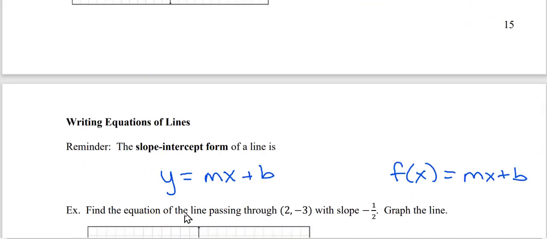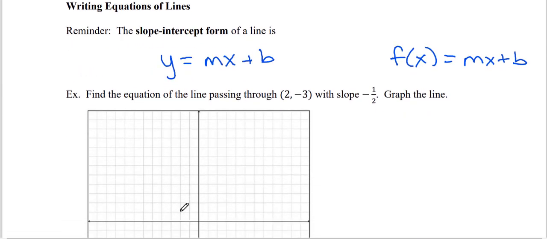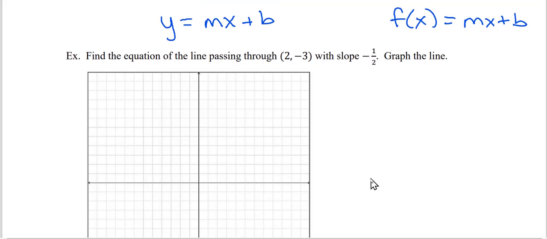And then to consider thinking about those different slopes that you're seeing. Okay, find the equation of the line passing through (2, -3) with slope -1/2, and then graph the line. Well, we can graph the line without the equation, so let's go ahead and do that.